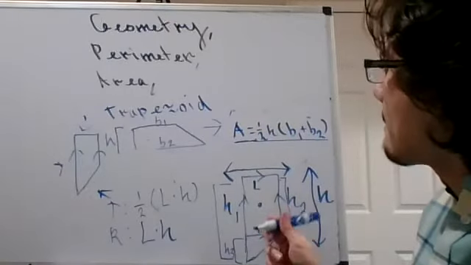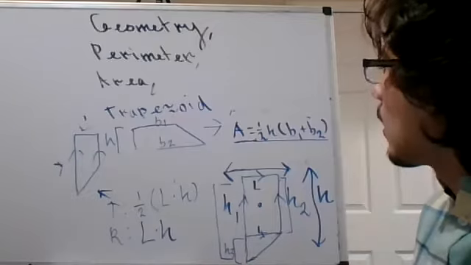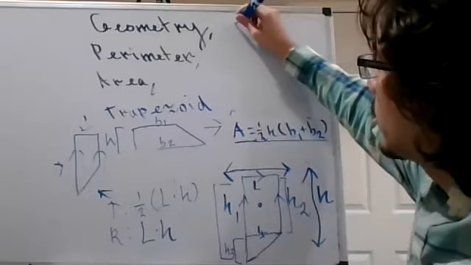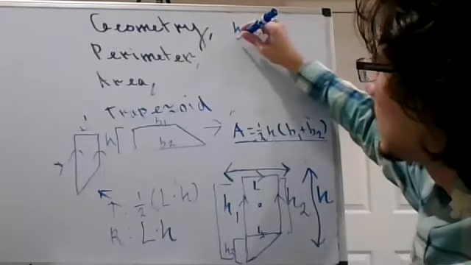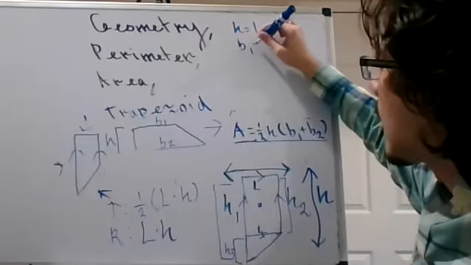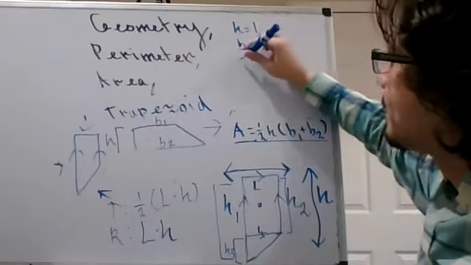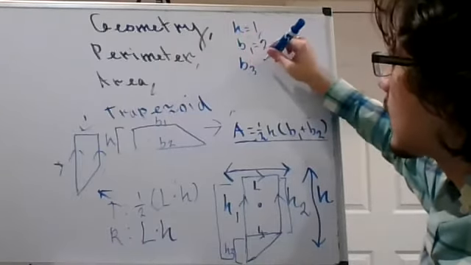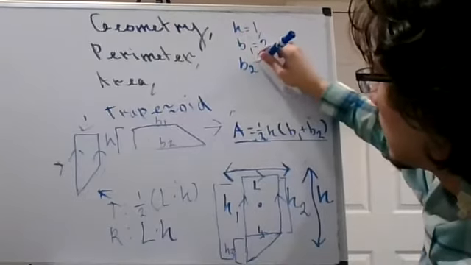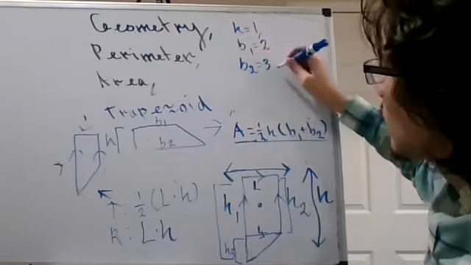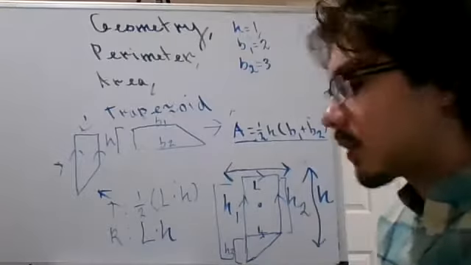Let's say we had a trapezoid whose height was 1. The first side was 2, and the second side is 3. Don't worry about measurements for now.